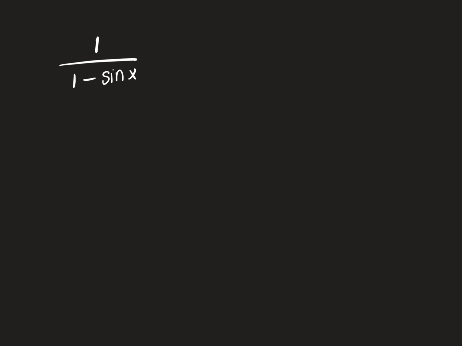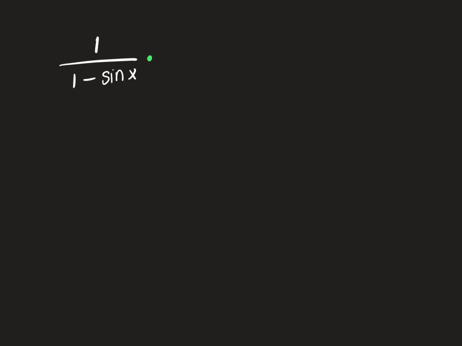All right. So how do we get rid of stuff on the bottom of a fraction? You have to put it on the top. We have to multiply it by something. Not quite.